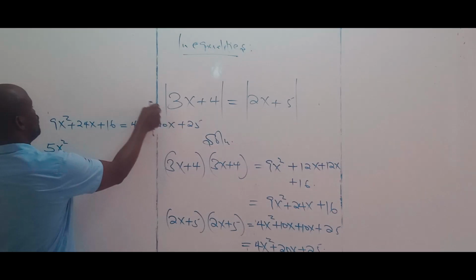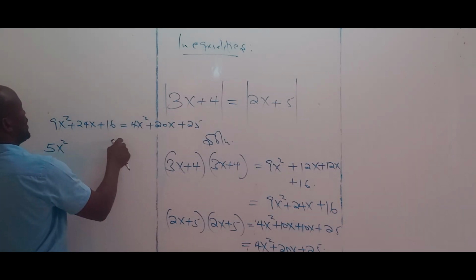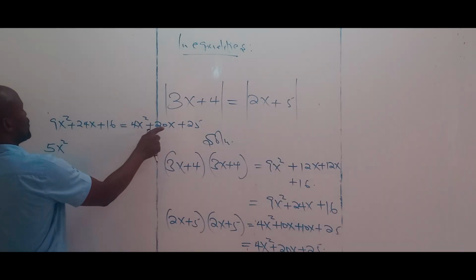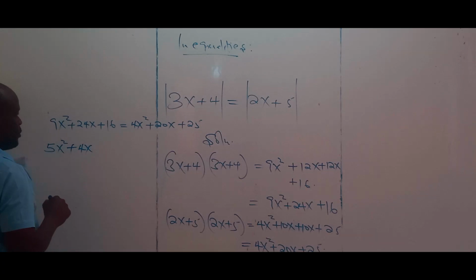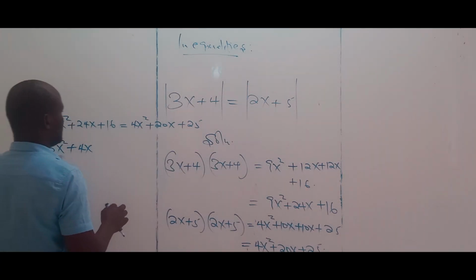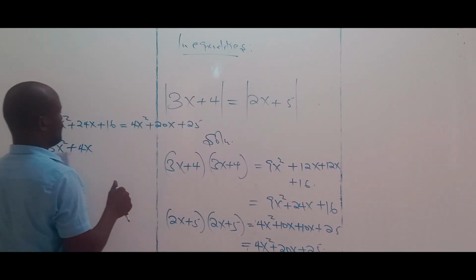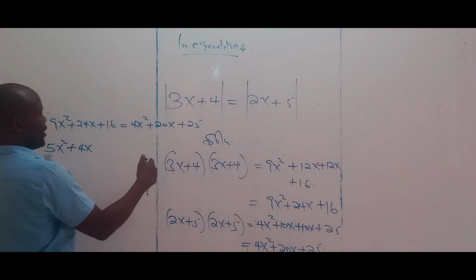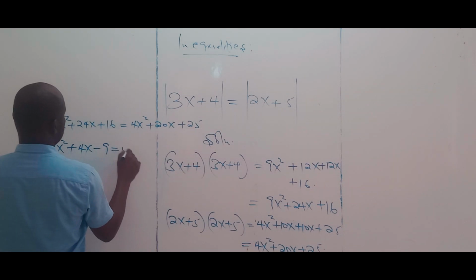This 20x should cross this equal sign, and so it becomes minus 20x. So it's 24x minus 20x, giving me plus 4x. Again, I have 25, which if it crosses, it becomes minus 25. So I'll be having 16 minus 25, which is minus 9. And I say that is equal to 0.